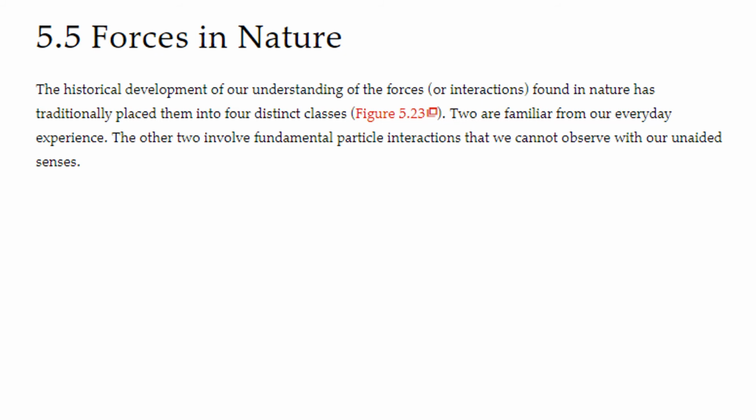We now turn our attention briefly to forces in nature. The historical development of our understanding of forces found in nature has placed them into four distinct categories, and we've talked about two of them. The other two involve pretty serious particle physics and astrophysics, and so we really don't observe those without equipment to help us make those observations.